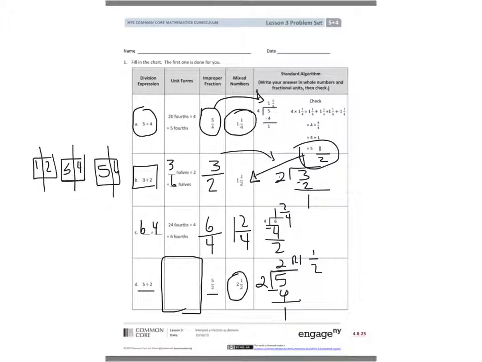But this really requires that we draw a picture. 1, 2, 3, 4, 5. Divide each one in half.